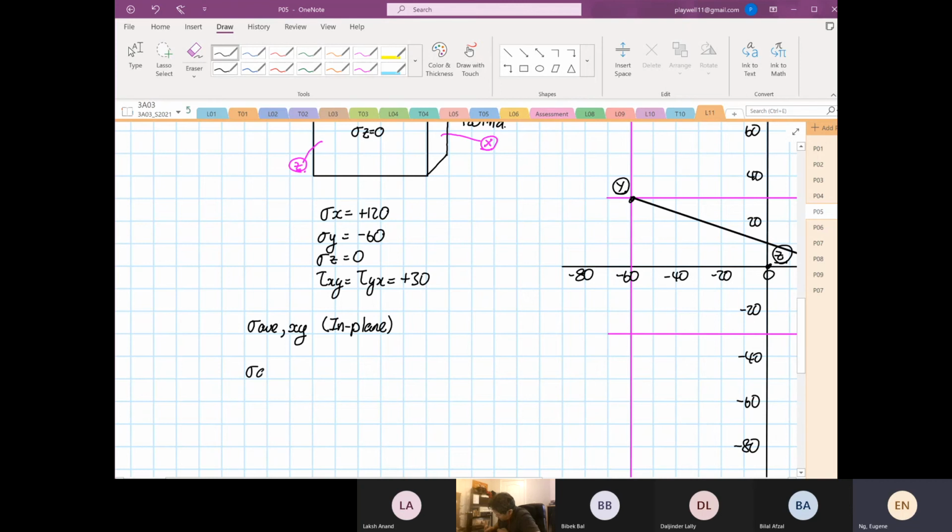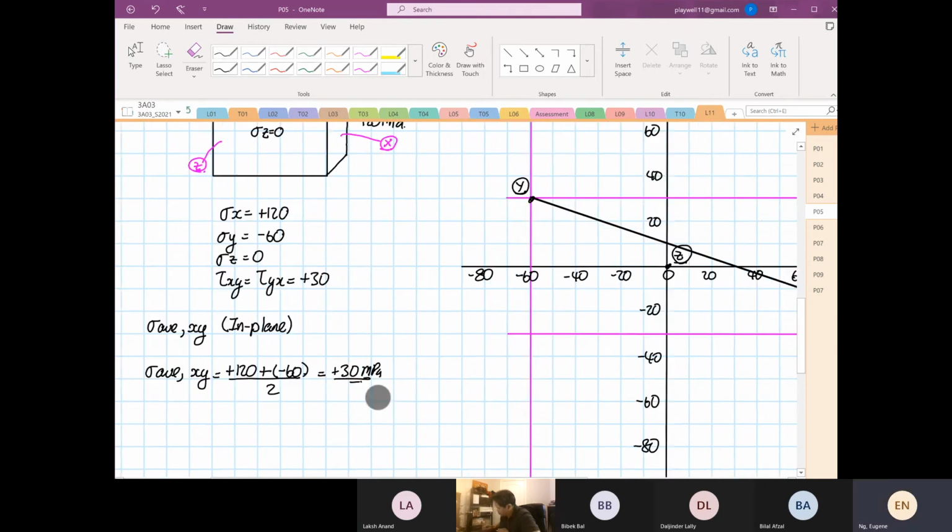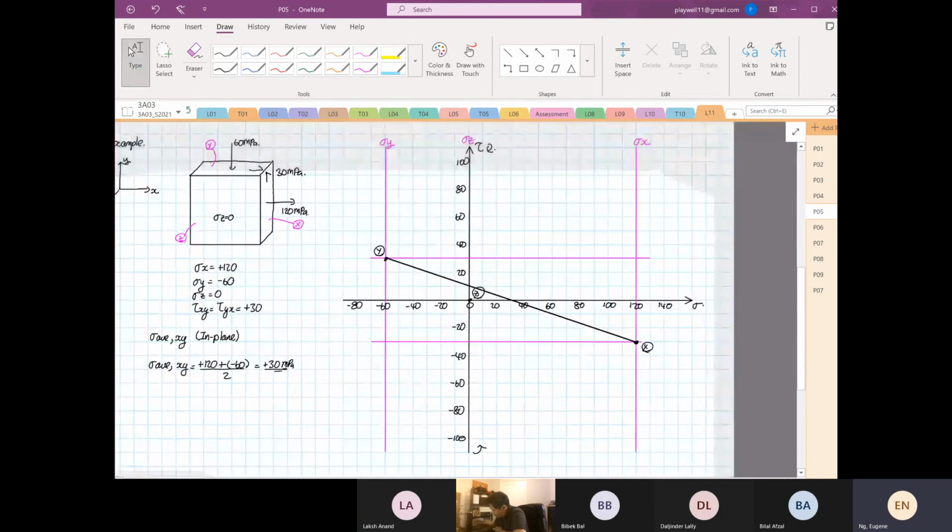So stress average XY is equal to plus 120 plus minus 60 divided by 2. So it's equal to positive 30 megapascal, which we can observe over here. So that is our stress average for in plane, 30.